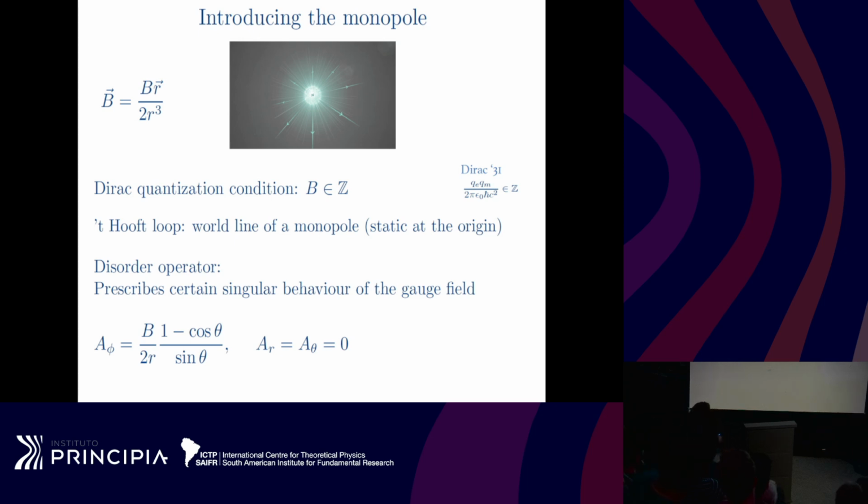Okay, so the singular configuration for the gauge field takes the form written here when it's expressed in spherical coordinates, and you see that it's singular at theta equals pi, but not at theta equals 0.